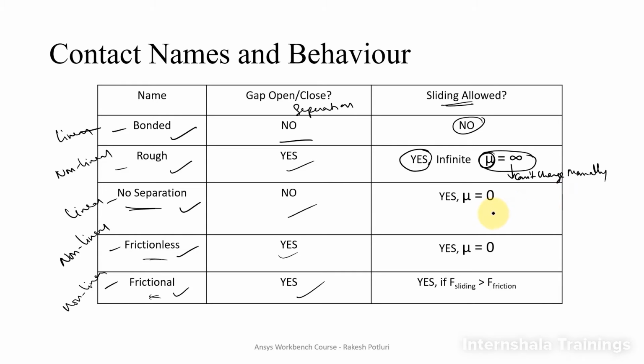Then in no separation, sliding is allowed, but we take mu equal to 0. It is somewhat like a frictionless contact in terms of sliding behavior, but the difference between frictionless and no separation is that in frictionless contact the separation is allowed. That is the only difference. Sliding behavior is the same for no separation and frictionless contact.